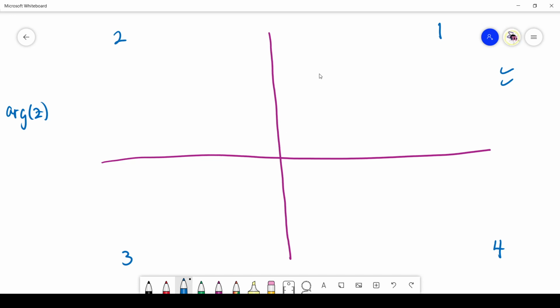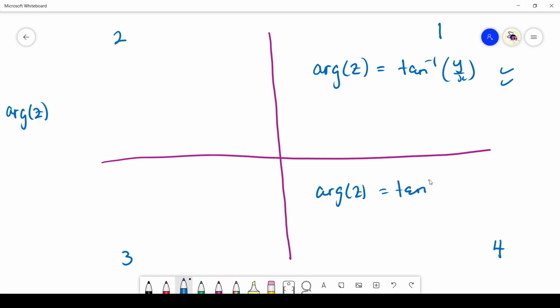If you ever have to find the argument of a complex number that lies in the first or the fourth quadrant, you can use your formula tan inverse of y on x like nobody's business, and you can move on with your life, and your answers are not going to be affected. You don't have to do anything extra.